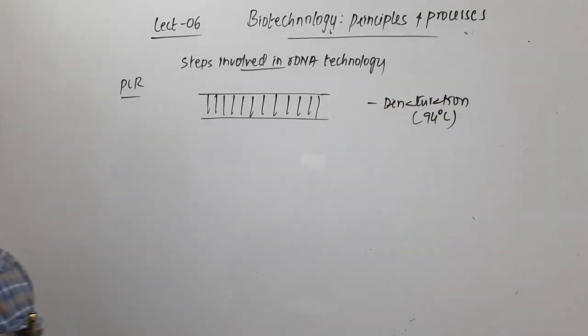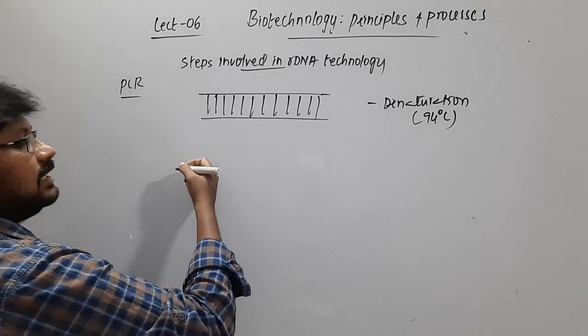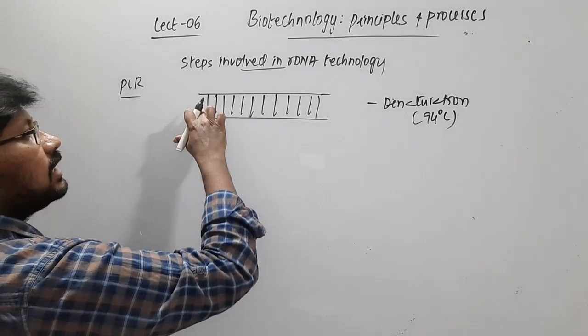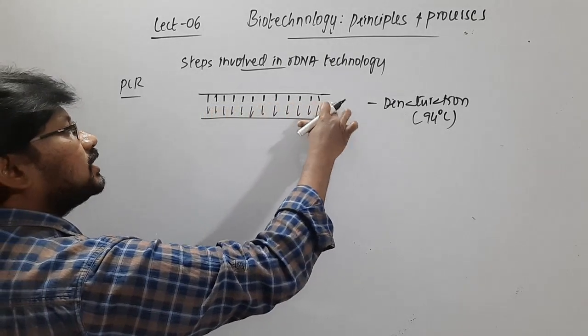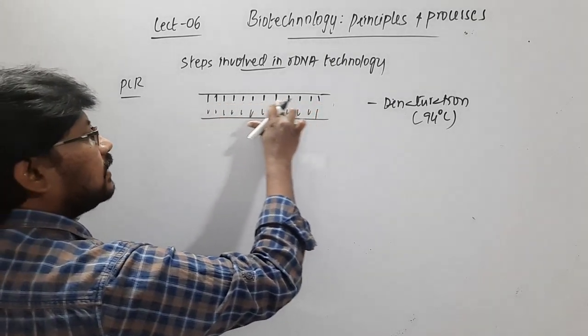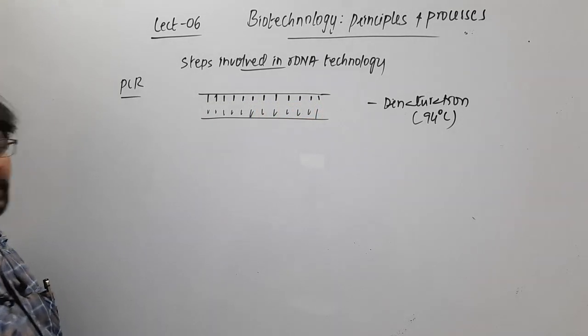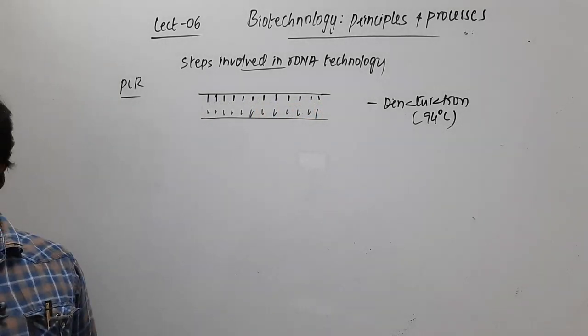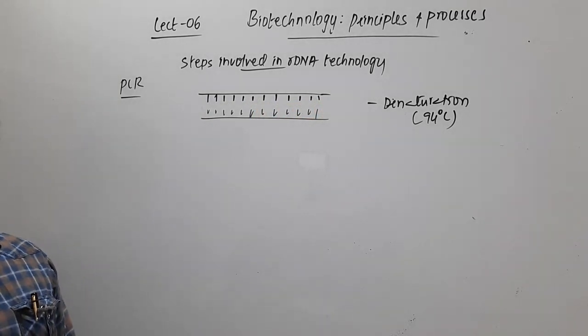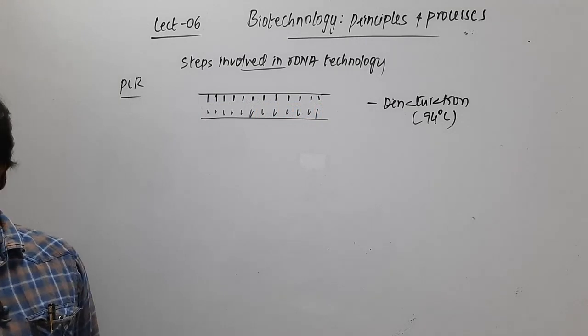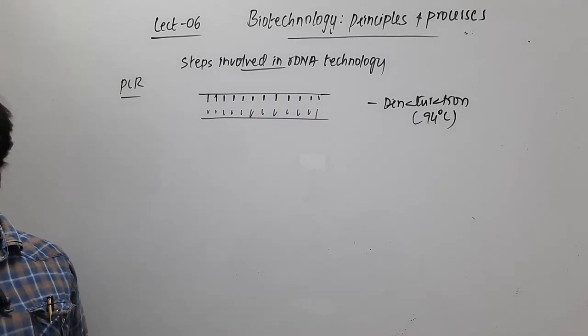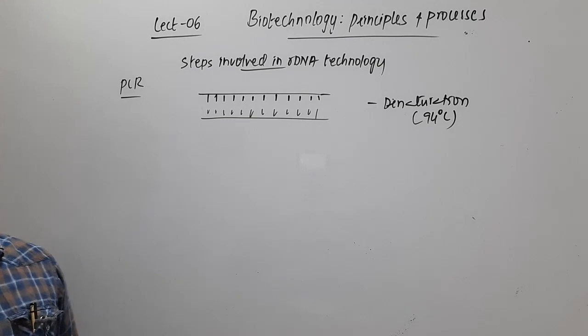In the process of denaturation, the hydrogen bonds which are present will get broken down, thereby separating the two strands. So this separation of the two strands due to breakdown of hydrogen bonds is what we call the denaturation.